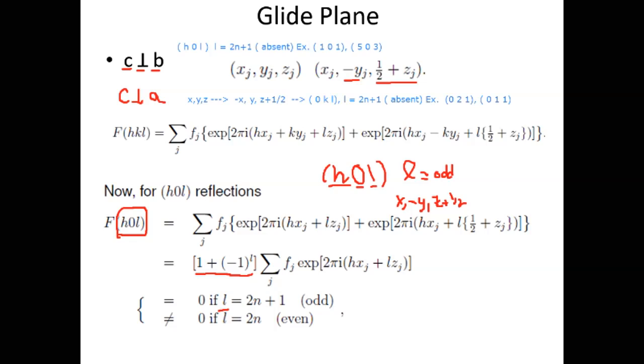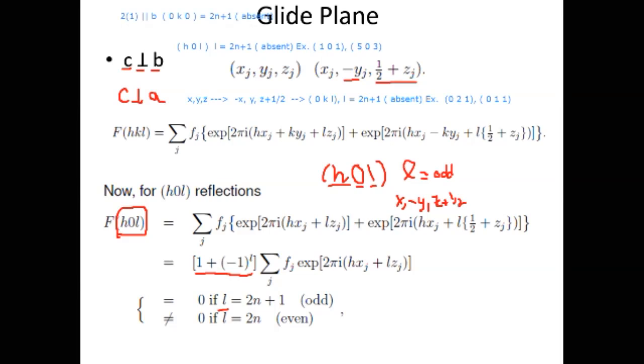Notice the difference: for a C-glide perpendicular to B it is the H0L reflection, and when we did a 2-1 parallel to B, we were looking at the 0K0 reflections. So notice the difference between the two sets of conditions.